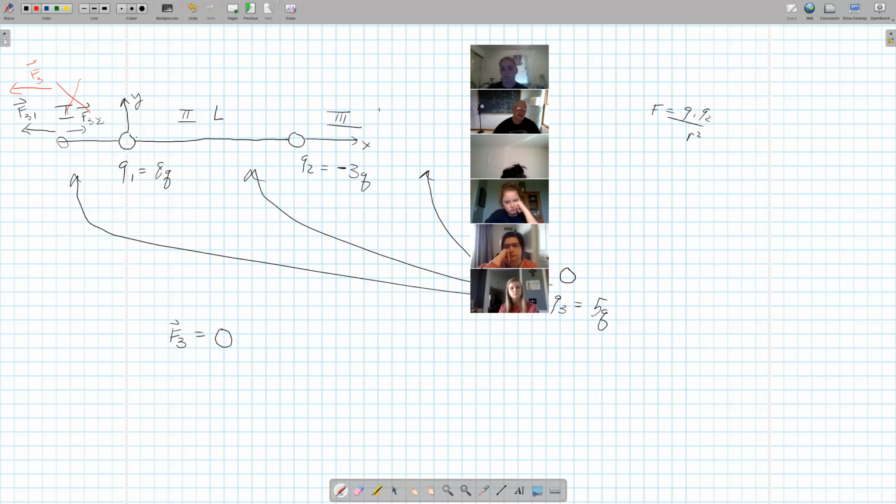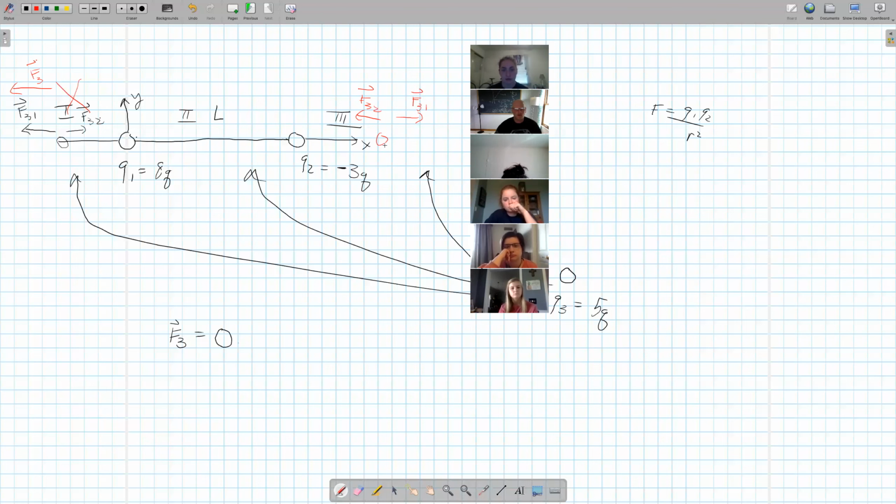Well, out here, it's the same thing, basically. So what's going to happen here is if I put it here, this is going to feel an attractive force here. So F3 is going to feel a force in this direction by Q2. But Q1 is going to result in a repulsive force, which is going to push it in this direction.